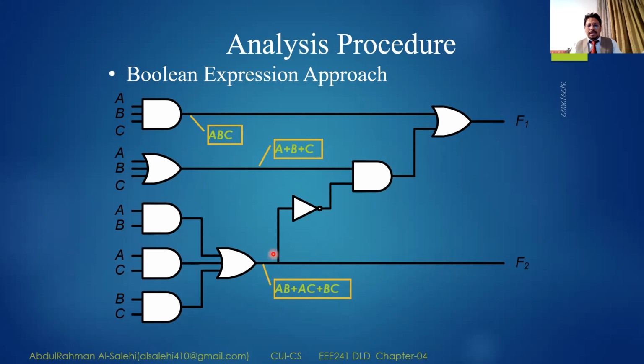But if I take this AB here and pass it through the inverter, the NOT function, what will it be? It will be primed, right? So when it is primed, what will happen? Now here we have to apply again the De Morgan theorem from chapter 2.